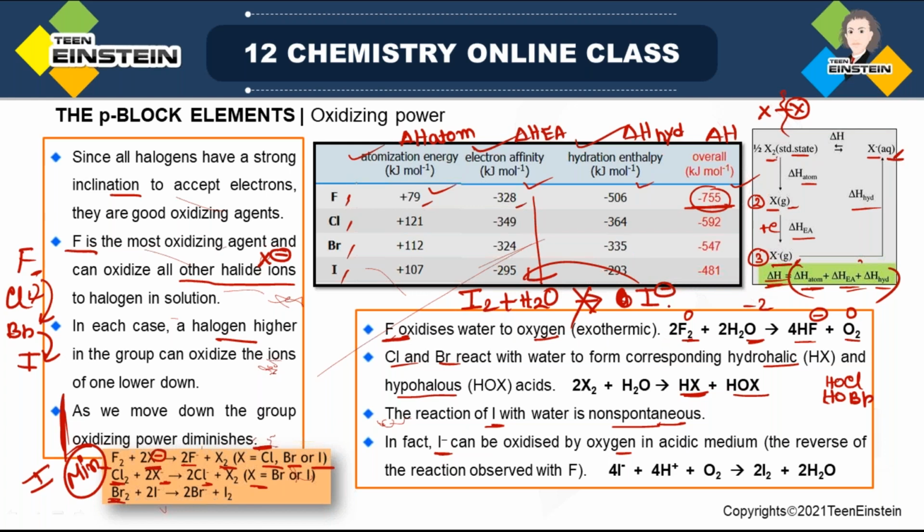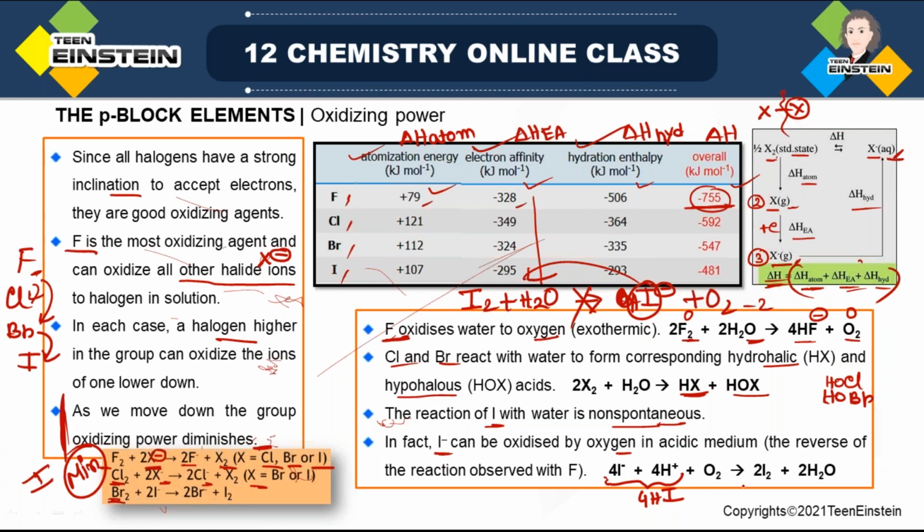And the reverse reaction means now you have HI, means H plus is also there. So it is basically hydroiodic acid. So now look at this reaction. 4I- 4H plus. That means it is nothing but HI. So now we have written the reverse reaction.